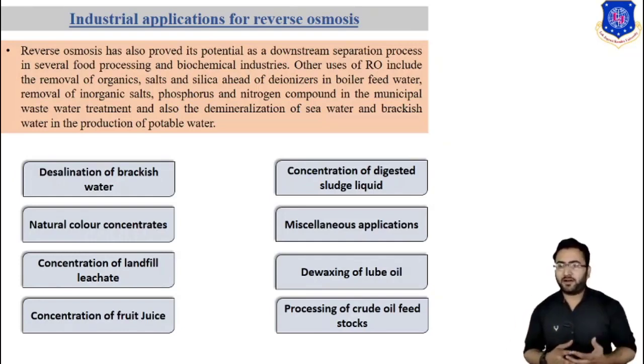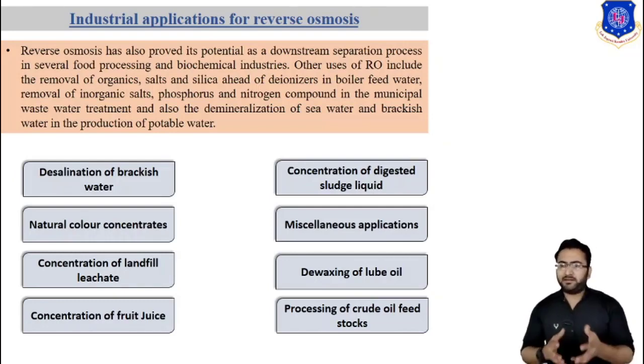Other uses of RO include the removal of organic salt and silica, or deionization, in boiler feed water, then removal of inorganic salt, phosphorus and nitrogen compounds in municipal wastewater treatment, and also demineralization of seawater and brackish water in production of potable water.